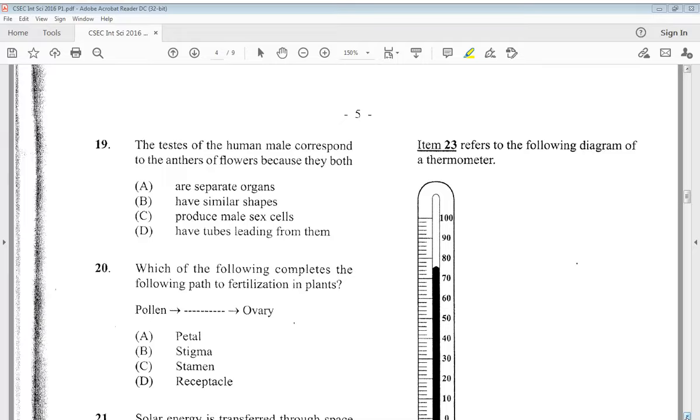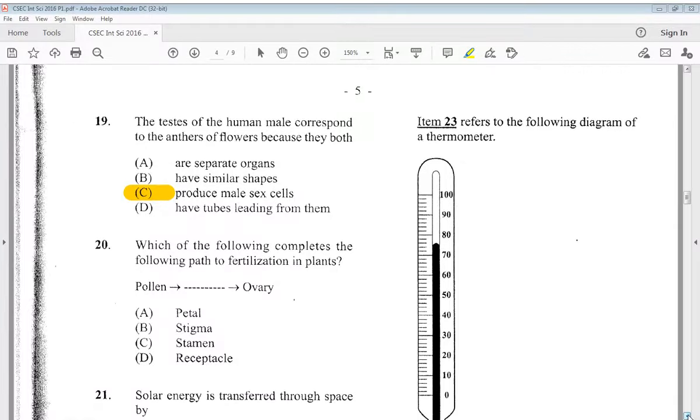So we know it would be C, produce male sex cells. 20 says, which of the following completes the following path to fertilization in plants? So we have pollen, then we have blank, and then the ovary.